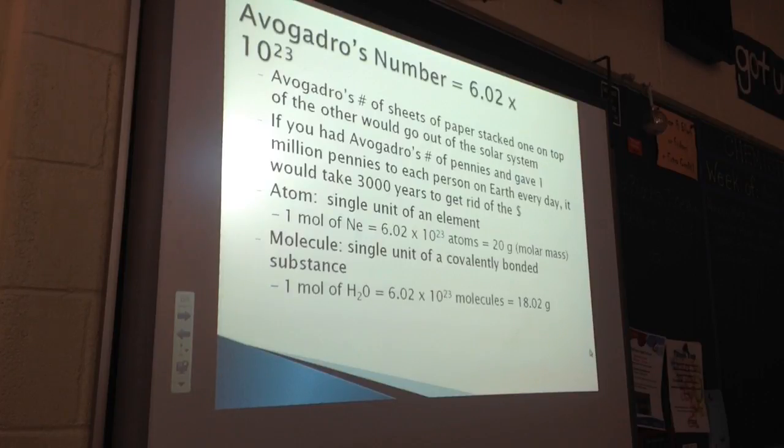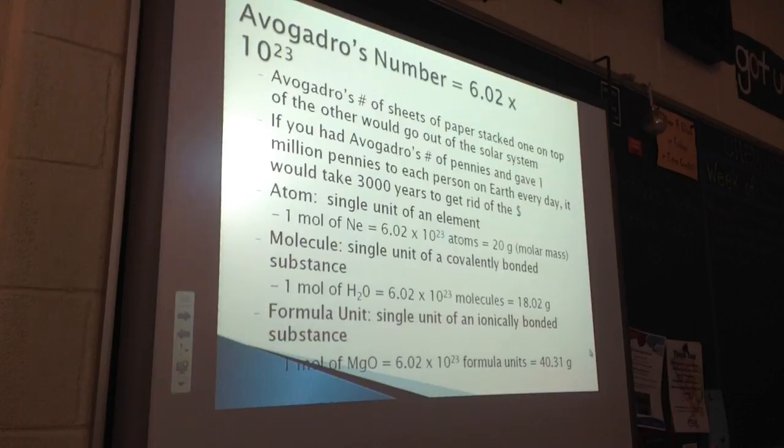Okay? Now, if I use the term formula unit, I am talking about a single unit of a substance that is ionically bonded.